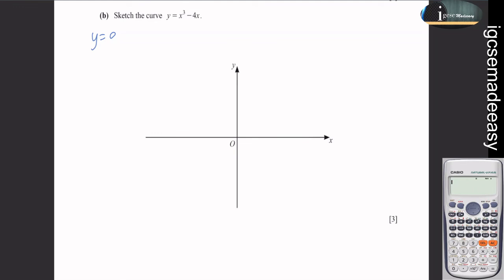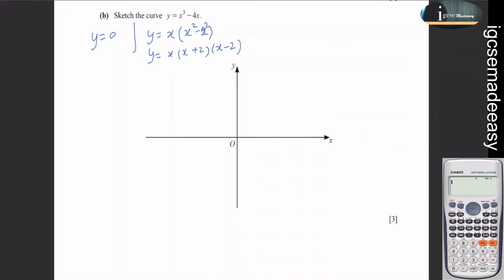Let me first simplify it a little. Taking x common, y equals x into x square minus 4. Then 4 can be written as 2 square, so a square minus b square is a plus b and a minus b.